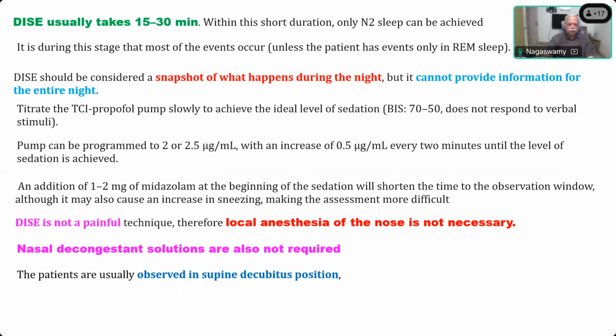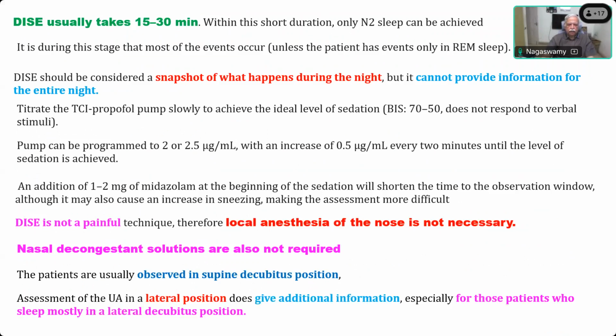Patients are usually observed in the supine position. But if they have the habit of sleeping in the lateral position, you can get that information from the history and do the testing in the lateral decubitus position itself.